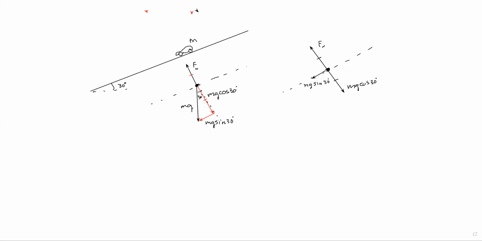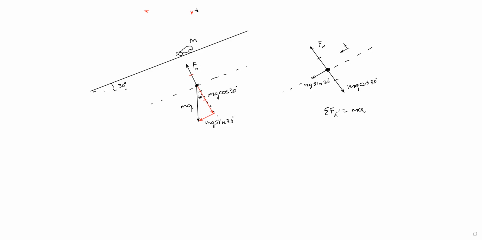But this right here has a net force. There's a force down the plane. And when there's a net force, there's an acceleration. So we're going to say the sum of the forces in the x direction equals ma. I'm going to call this direction right here positive.